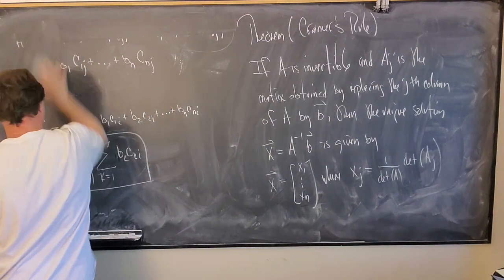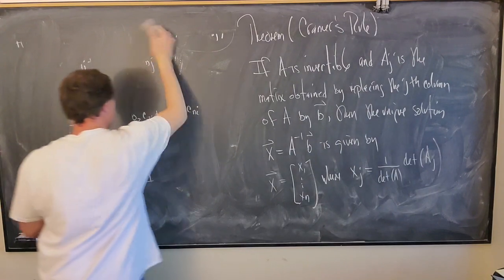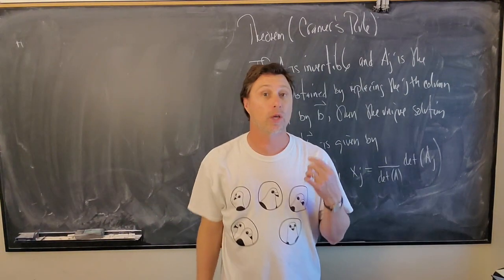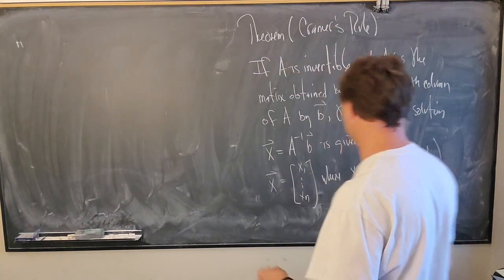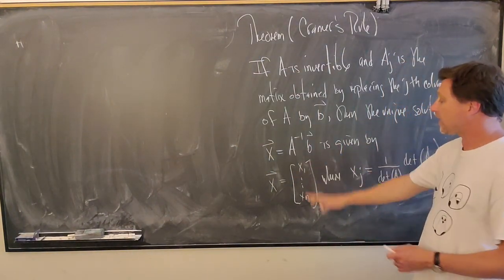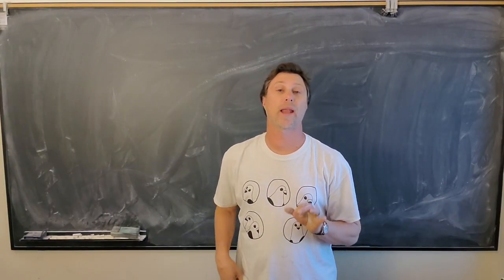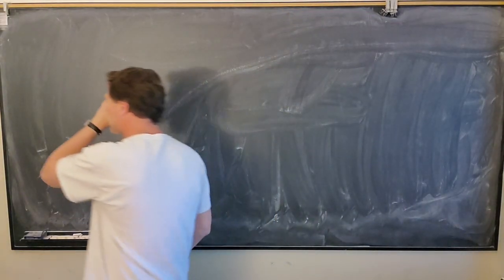Okay, so that formula right there gives us a third way to solve linear systems in the case that we're dealing with an invertible coefficient matrix. And so this tells us exactly how to find each of the entries to this unique solution. It's right there. Let's see Cramer's rule in action now. We're going to do a 3 by 3 matrix.